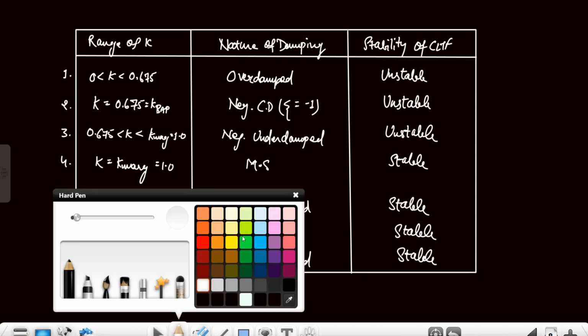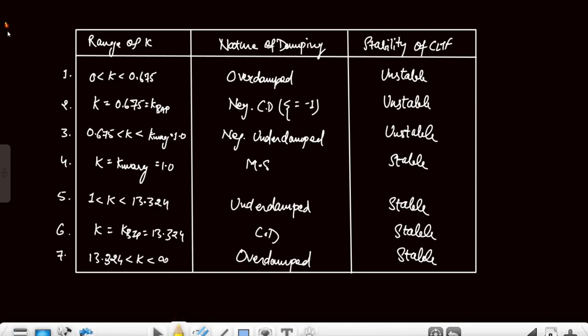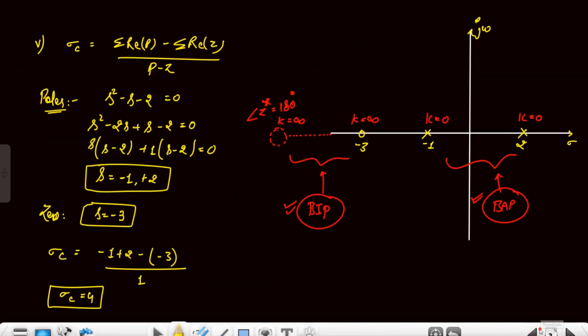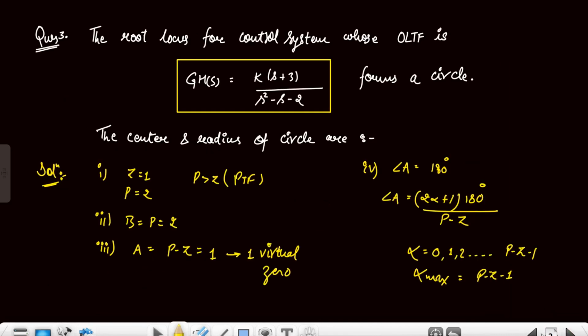So these are the damping natures. In the whole control system, basically these 7 types of damping exist, and all these dampings exist in this single question, as you can see, because the roots also lie on the right hand side, and there are so many ranges. So that was the discussion of this question. Okay, thank you.